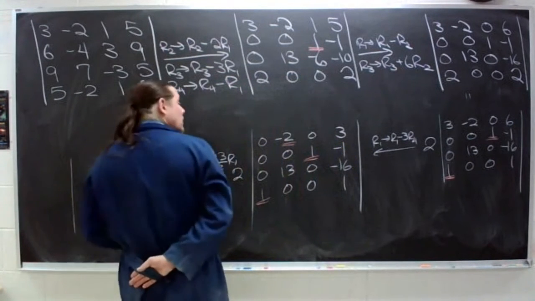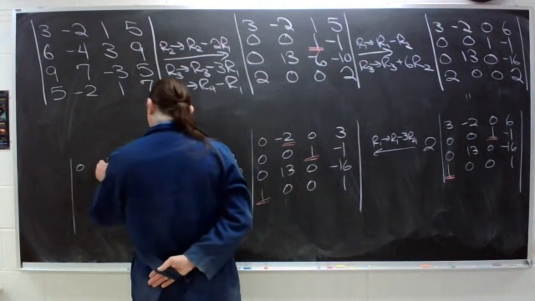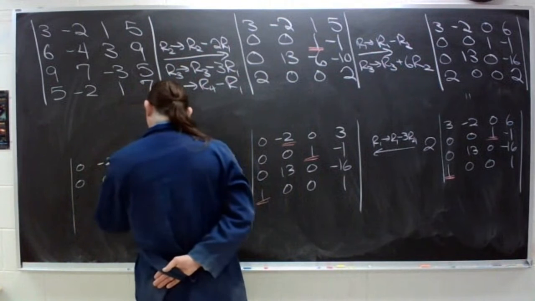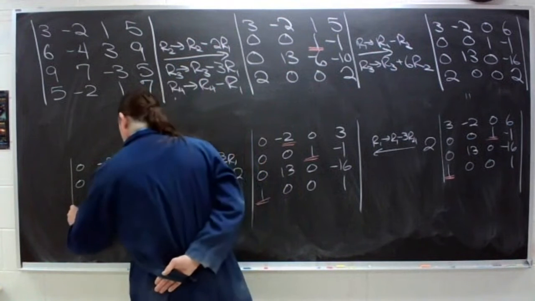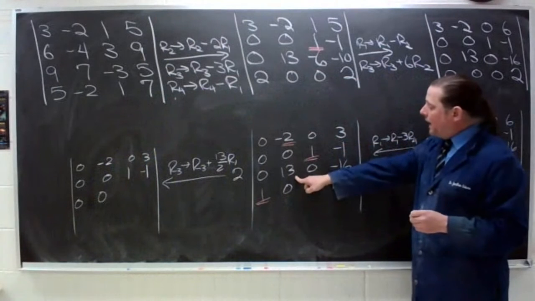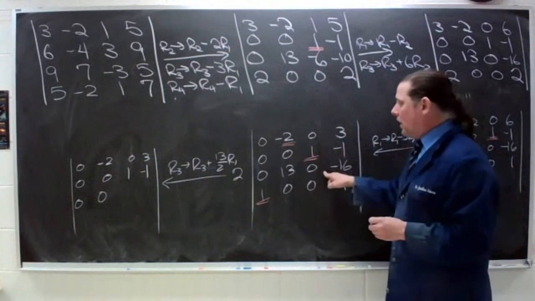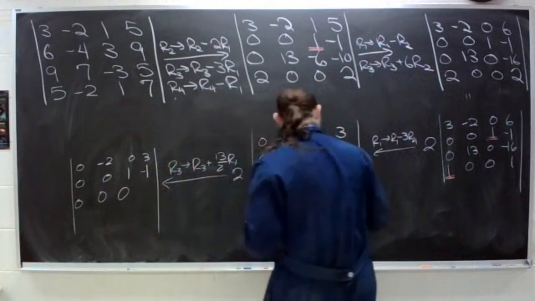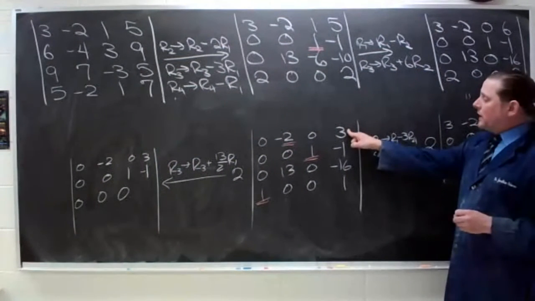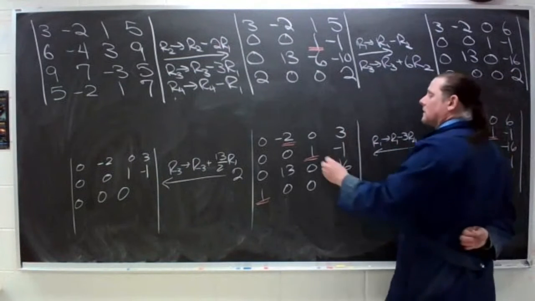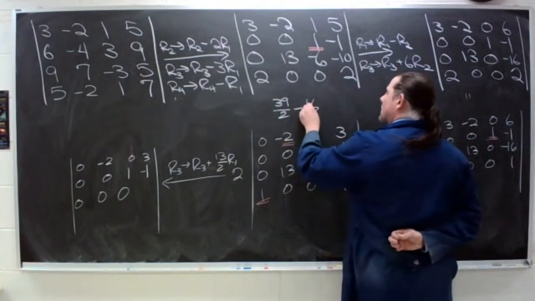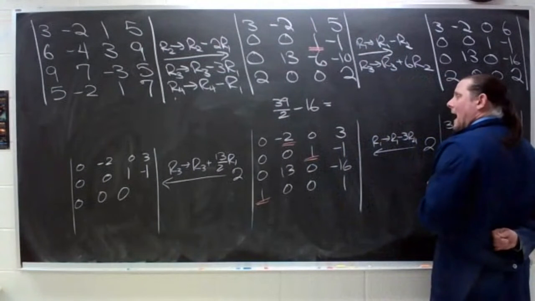All right? So let's see what we've got. So we add 13 halves row 1, and that caused that to go to 0. Then we're going to have a 0 here, and then I'll have minus 16 plus 39 halves. So what is that?